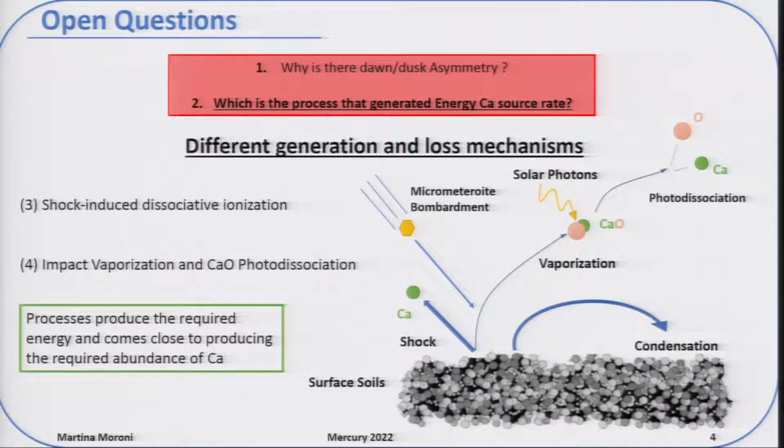This is in accordance with the observation, because it justifies very well that this process can only occur on the dayside, because the molecules are dissociated by the sunlight. So for this study, we concentrated on these two different processes.